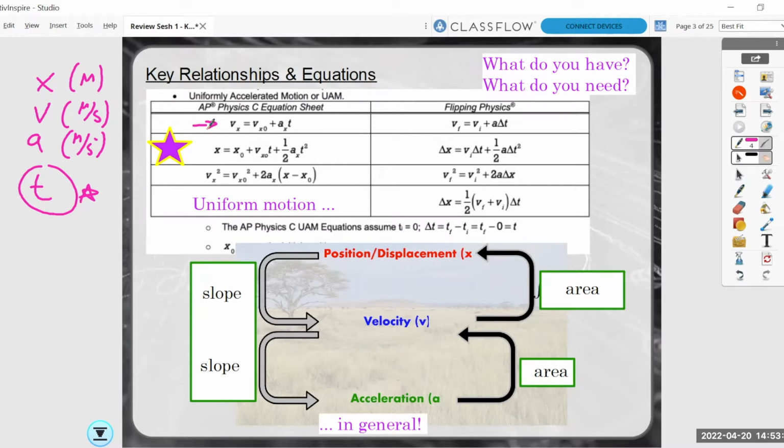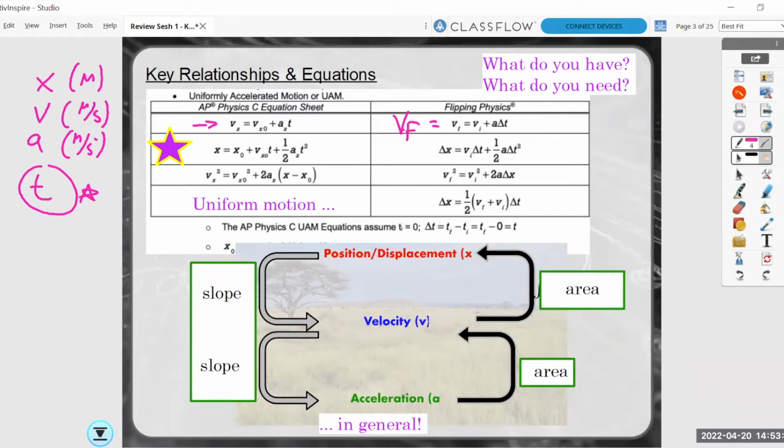One of the ways that we're always going to be able to rewrite this is if we slide the initial velocity over to the other side. You'll see in a moment, if we slide our initial velocity over to the other side, we end up with this idea that our change in velocity, delta v, equals a delta t in this case. And that's our core relationship.